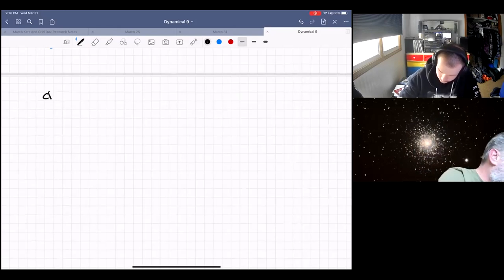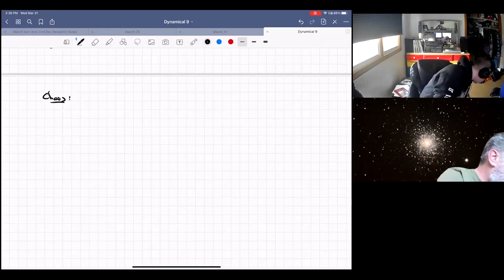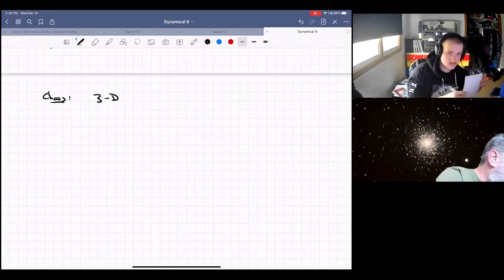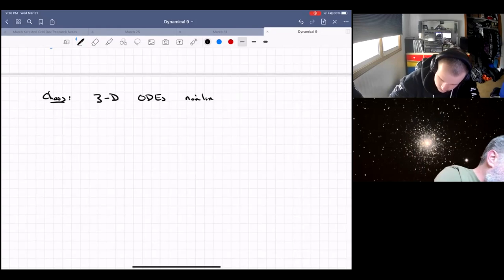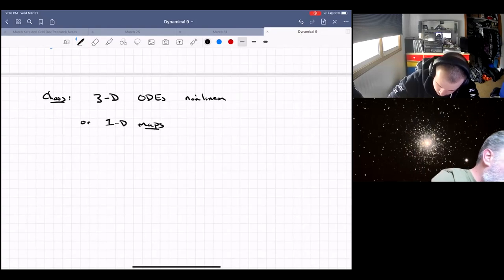So now, if we want to do chaos, we need 3D ODEs that are nonlinear, or one-dimensional maps. So we're going to start in maps.